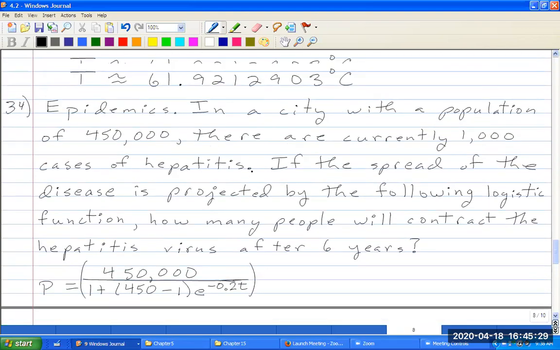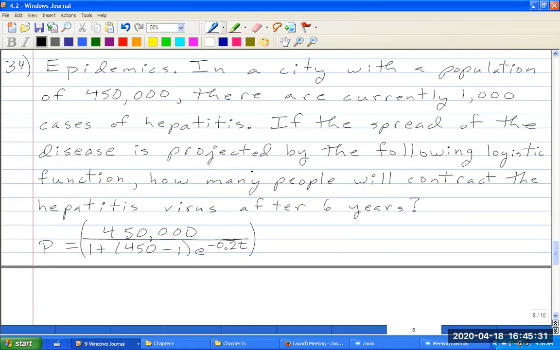So let's do problem 34, epidemics. In a city with a population of 450,000, there are currently 1,000 cases of hepatitis.